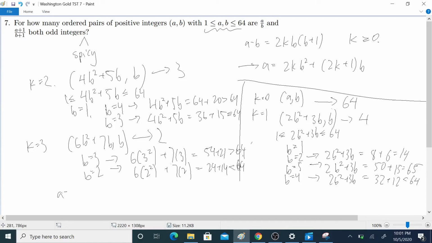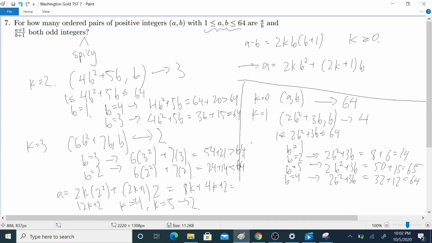We have a equals 2k times 2 squared plus (2k+1) times 2, which is 8k plus 4k plus 2, equals 12k plus 2. Yeah, this seems right. So when is this less than or equal to 64? When k is less than or equal to 5. So k equals 4 and k equals 5 provide 2 more values.